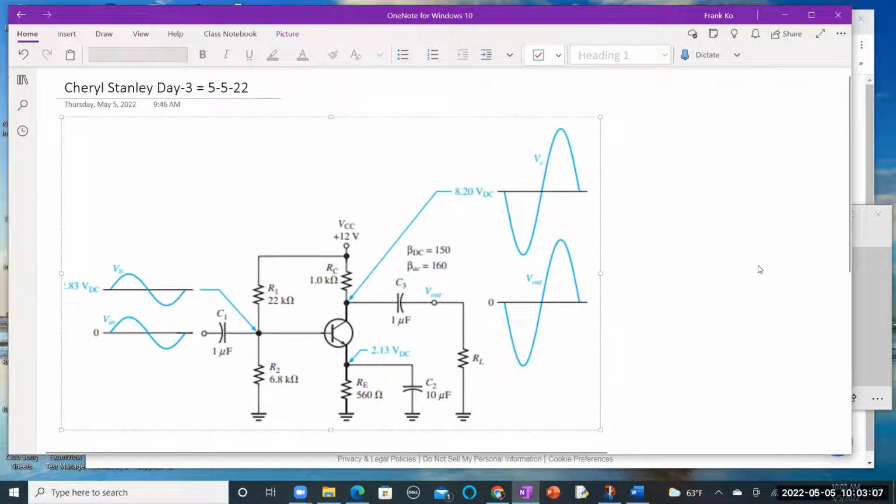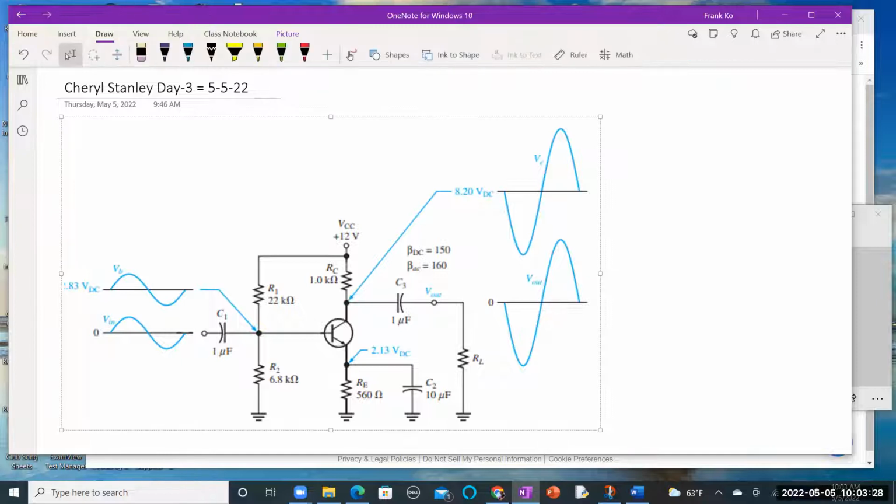transistor amplifier? Yes. Okay. And as we're looking at this transistor amplifier, let me get my pen. Do you know the function of C1 and C2 and C3? What are they called other than capacitors? Do you know how to name them based on their function?